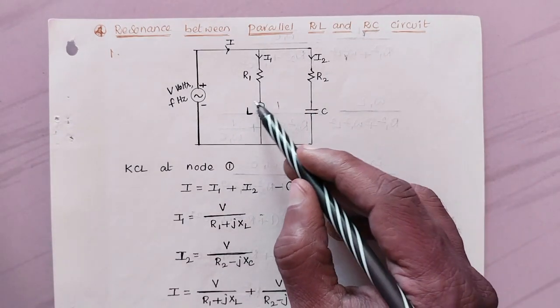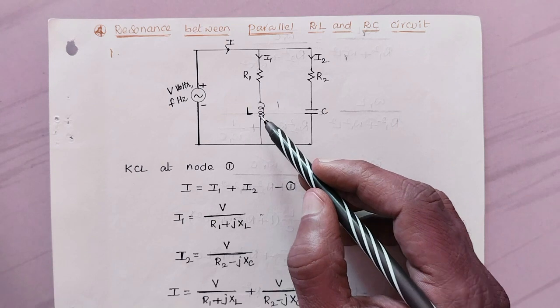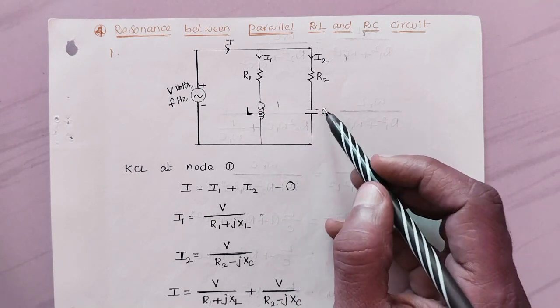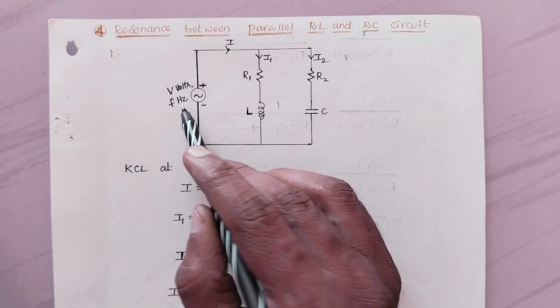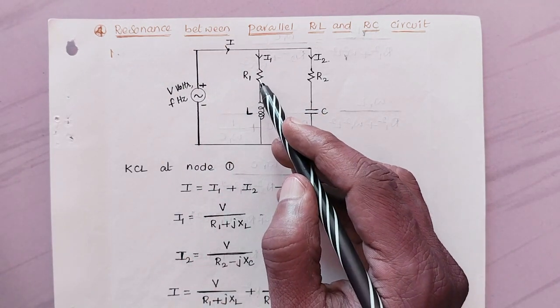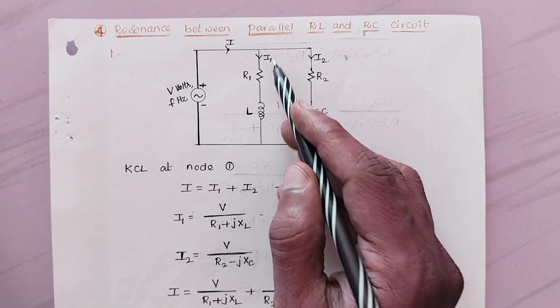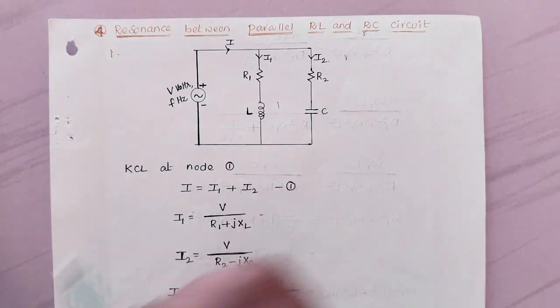Here the reactance offered by the inductor is jXL, and the reactance offered by the capacitor is minus jXC. So what is the relation between V, impedance and I1? V equals (R1 plus jXL) into I1, so I1 equals V by (R1 plus jXL).